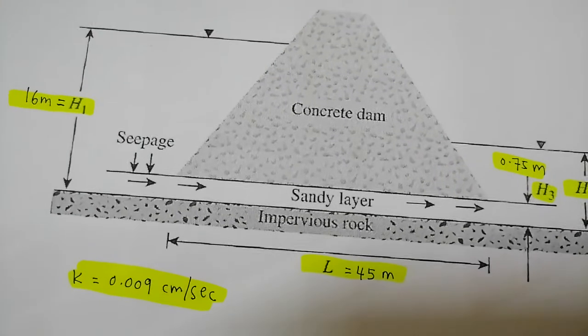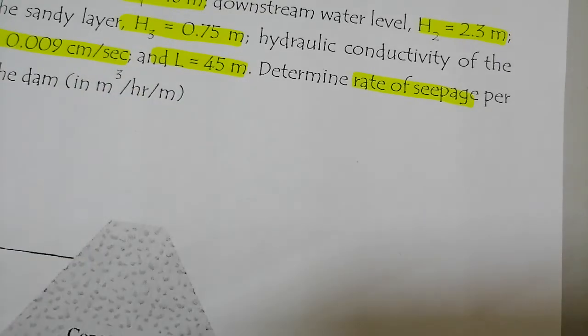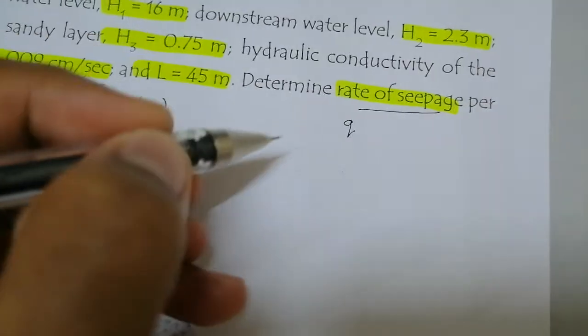So we have to determine rate of seepage per unit length of the dam. So rate of seepage here is Q.